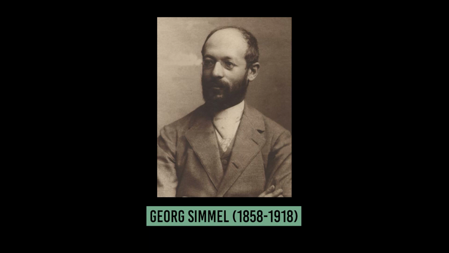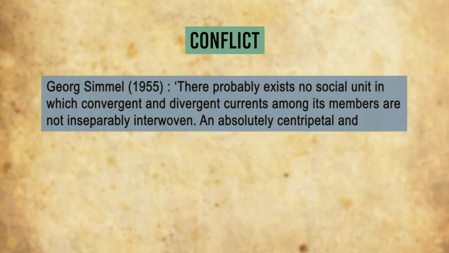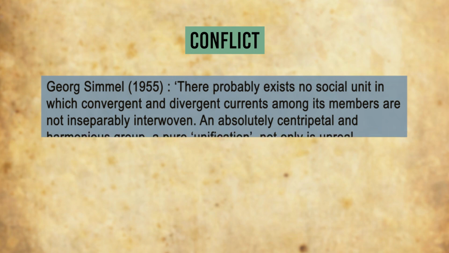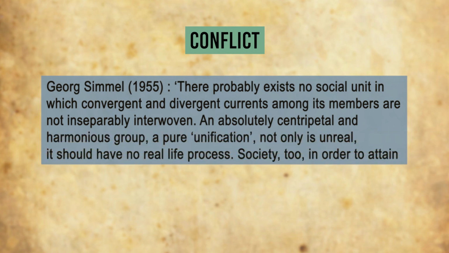So let us start with George Simmel. In 1955, George Simmel defined conflict and said that there probably exists no social unit in which convergent and divergent currents among its members are not inseparably interwoven. An absolutely centripetal and harmonious group, a pure unification, is not only unreal, it should have no real-life process.